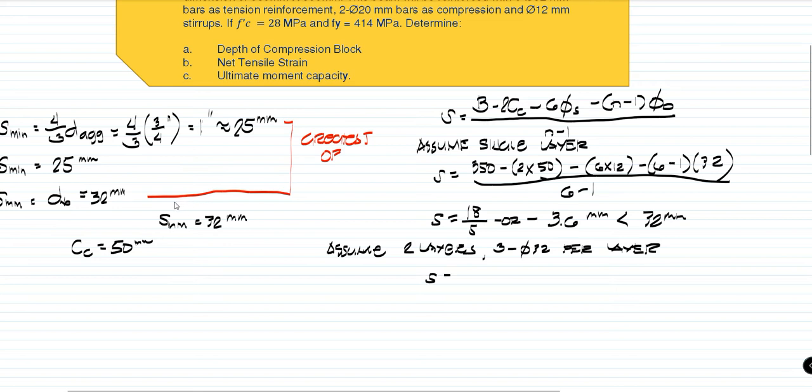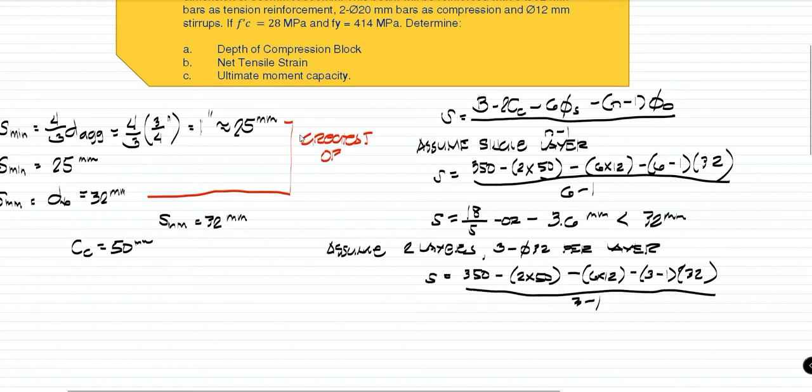So that will be S is equal to 350 minus 250 minus 6 na 12 minus 3 minus 1, kasi that is tatlo per layer, times 32 divided by 3 minus 1. So our clear spacing from this equation will be equivalent to a value of 57 mm.